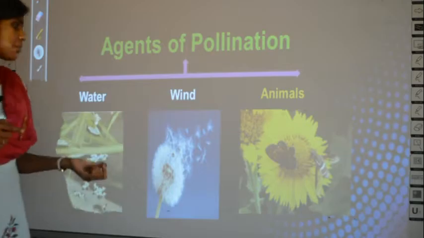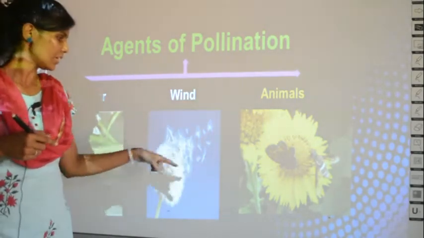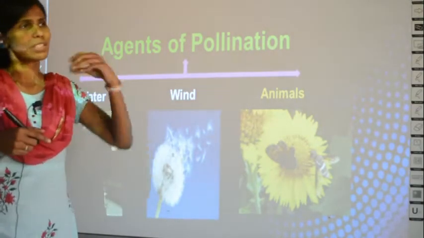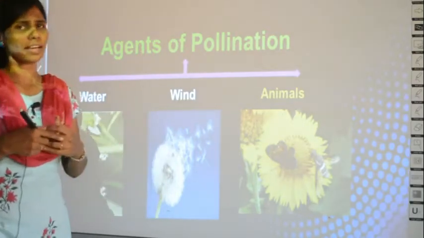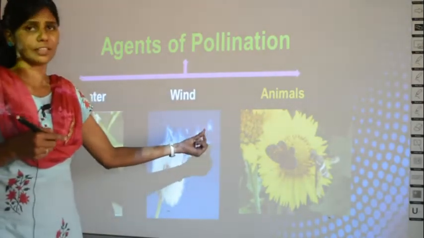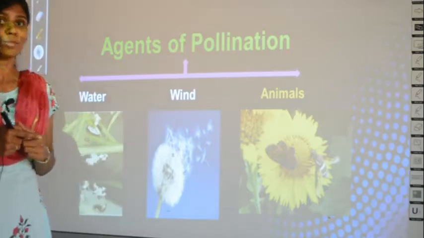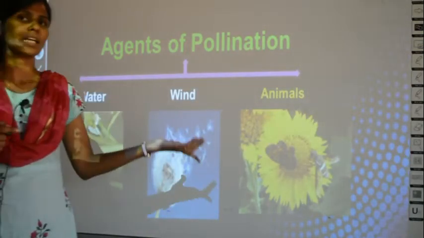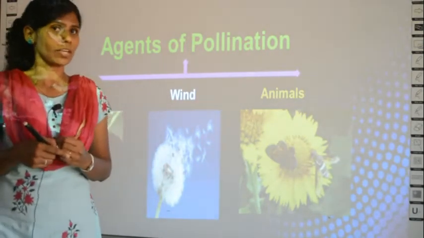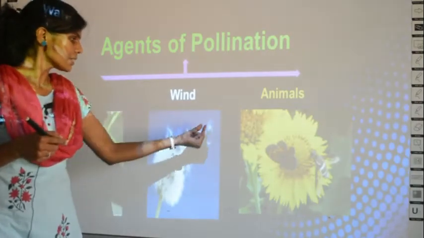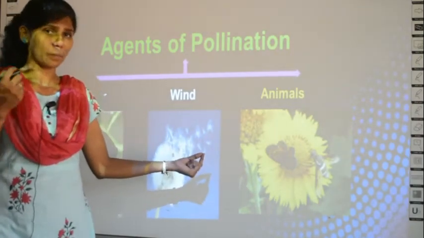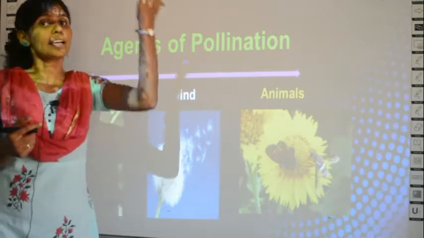Sometimes, you must have seen this commonly, something flying in the air, these types of particles. This is one type of pollen grain, a lightweight material. Sometimes these lightweight pollen grains are carried away by the wind.